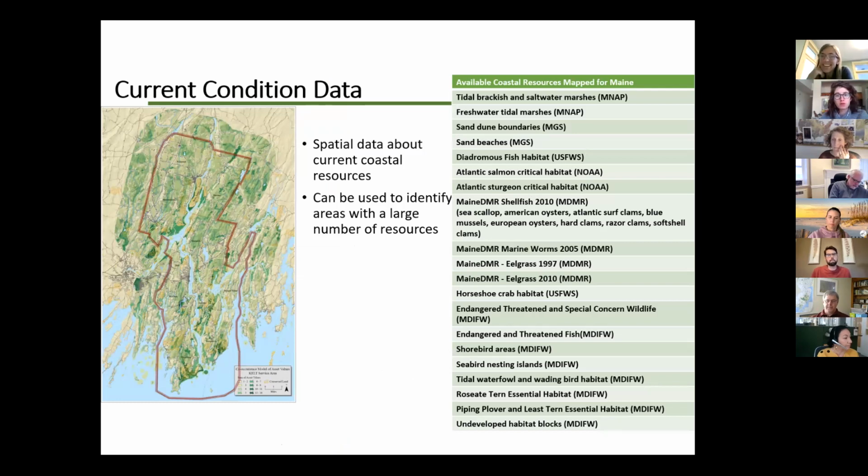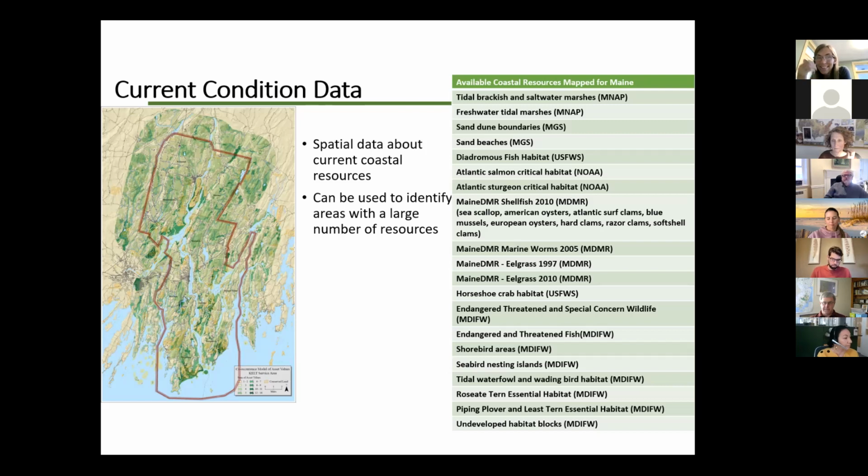As I said at the beginning, one of the biggest exercises for this partnership was sorting through the data that was available to them. And it was hefty.